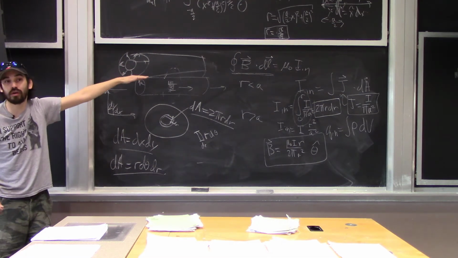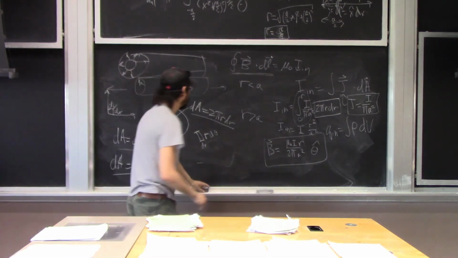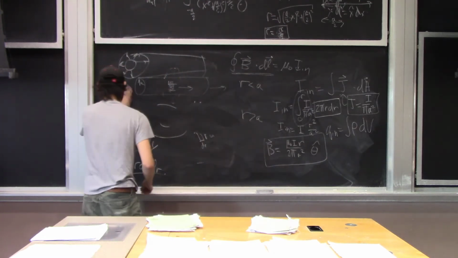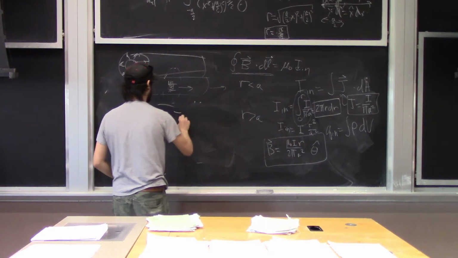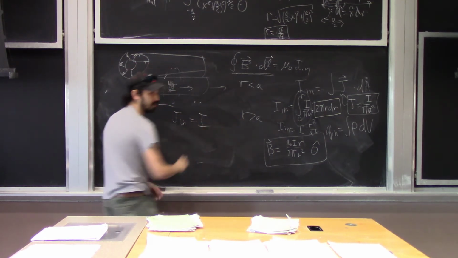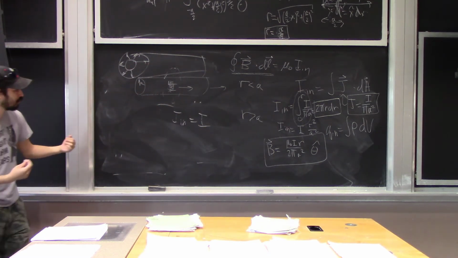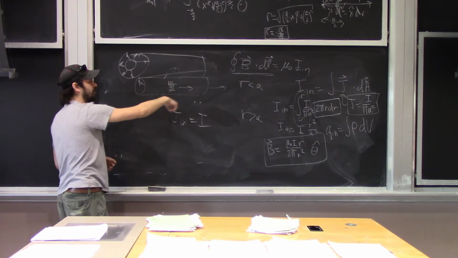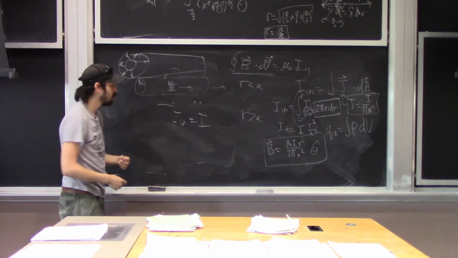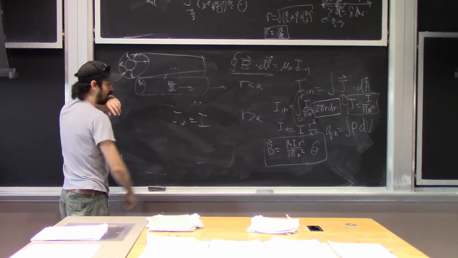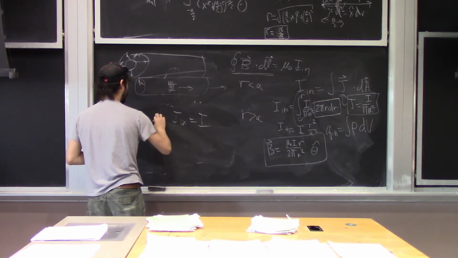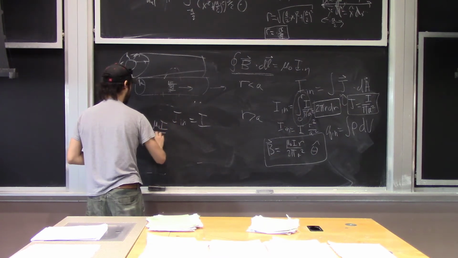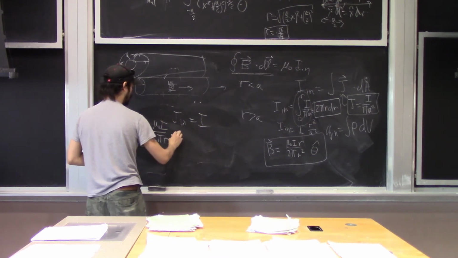So because all of the current goes through the loop, I in is just equal to I, just the total current, for R greater than A. We have this loop here, all of the current goes through it. So when I simplify Ampere's law, what I see in the end is B vector is equal to mu naught I divided by 2 pi R times theta hat.